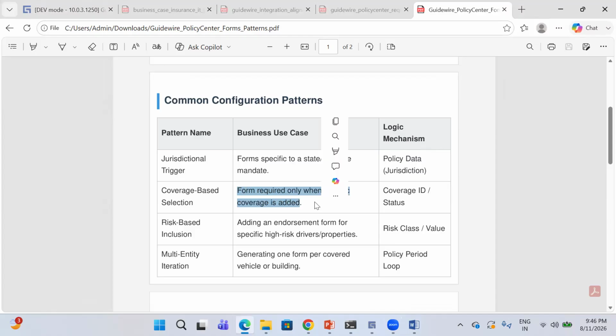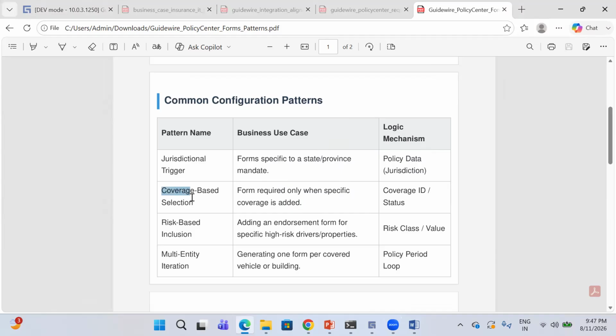Why liability coverage? Because the person is driving, but the vehicle the person is using is a personal auto, while the purpose of the trip is commercial. So this is the coverage we have taken.